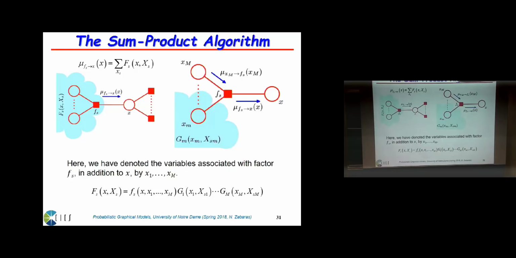So I have to account for whatever comes with each node. So what do you think is Gm of xm, Xsm? In simple words. Will be the product of what? I see this node xm, right? That is one of the nodes connected with fs, except x. So this would be what?